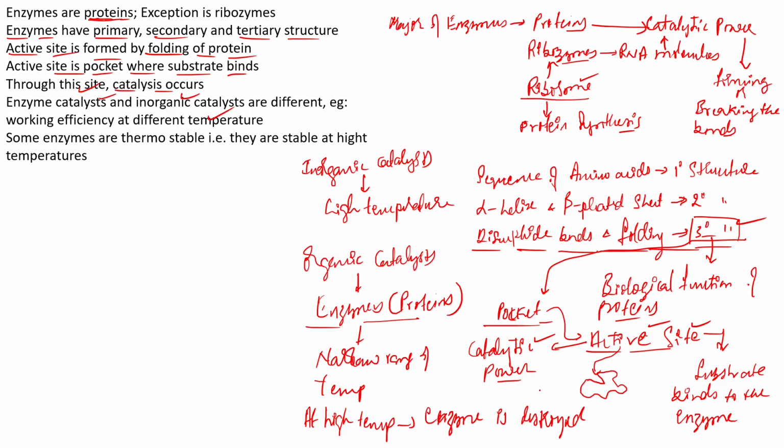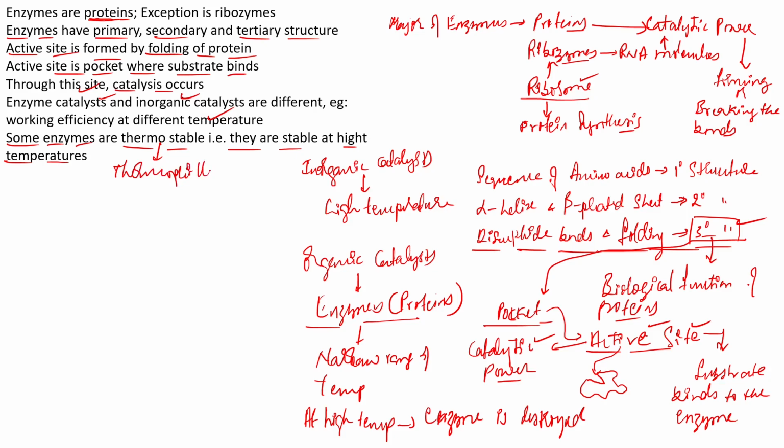Right? But however, there are some exceptions to this particular rule. There are some enzymes, proteinaceous enzymes themselves, and they are thermostable. That is, they are mainly stable at the high temperatures. So these thermostable enzymes are mainly derived from the thermophilic organisms.